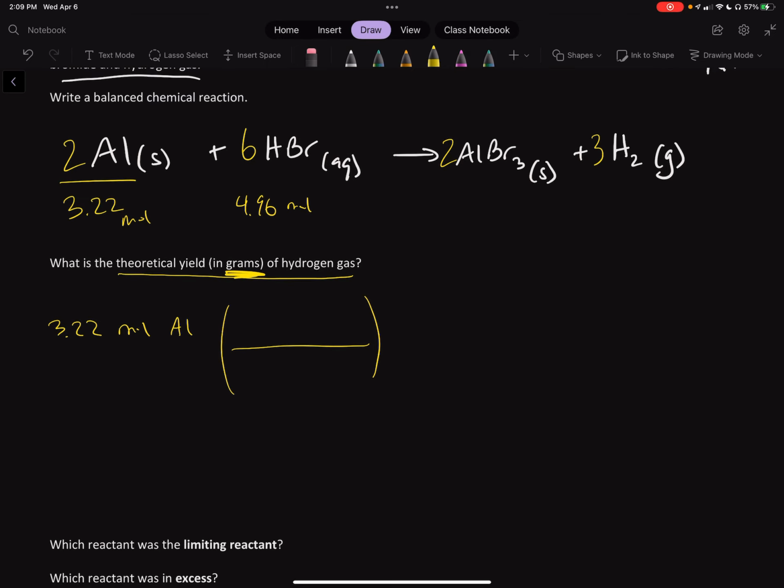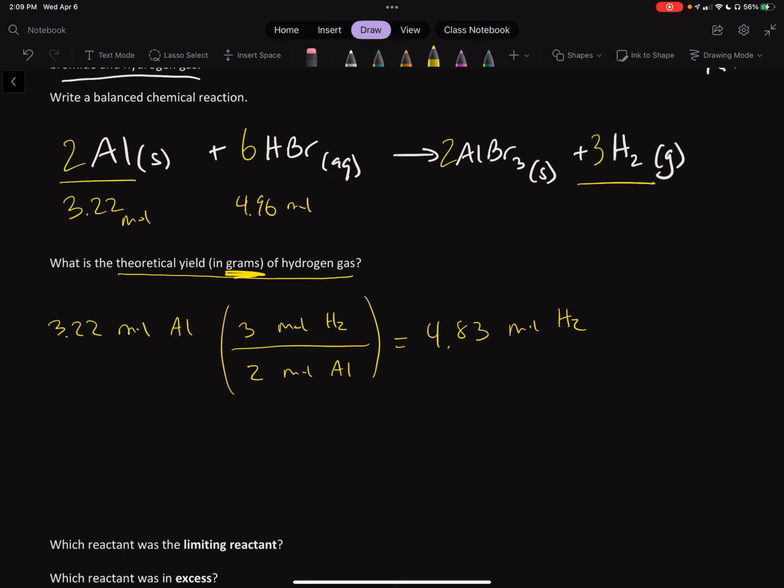So for aluminum to hydrogen, for every 2 moles of aluminum that react, 3 moles of H2 gas are produced. So 3.22 divided by 2 times 3, just doing it on my calculator right now, I get 4.83 moles of H2 gas would be produced from the 3.22 moles of aluminum, assuming that the other reactant, the HBr, was in excess.